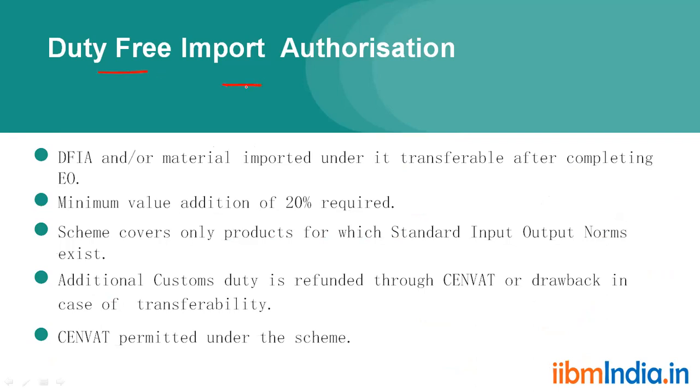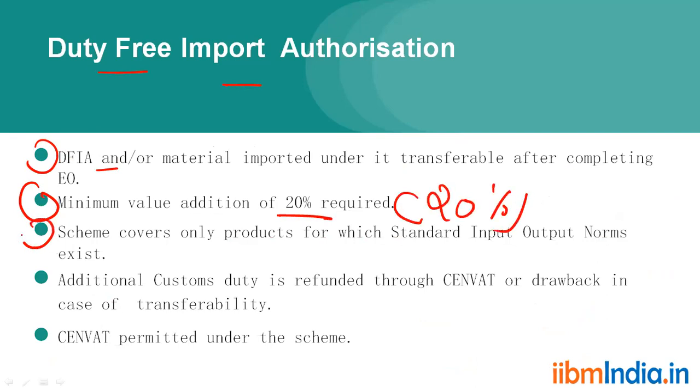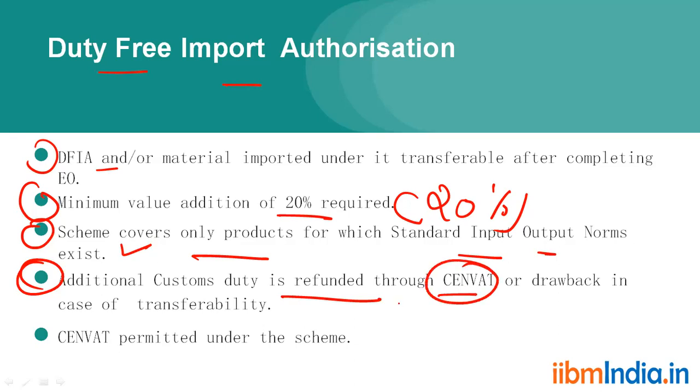Duty-free import authorization. Further, are materials imported under DFIA transferable after completing export obligation? Minimum value addition of 20% is required. The scheme covers only products for which standard input-output norms exist. Additional custom duties are refunded through CENVAT, Central Value Added Tax.